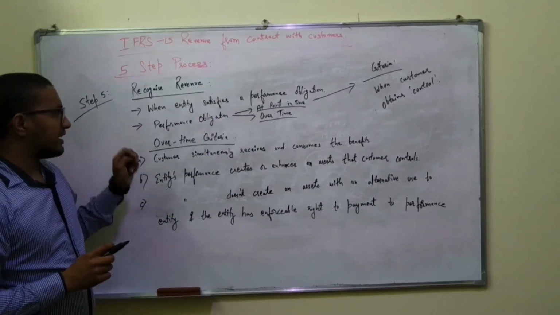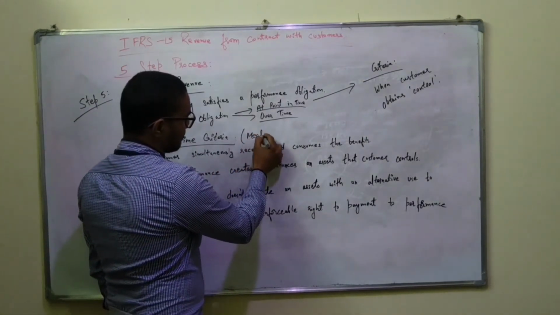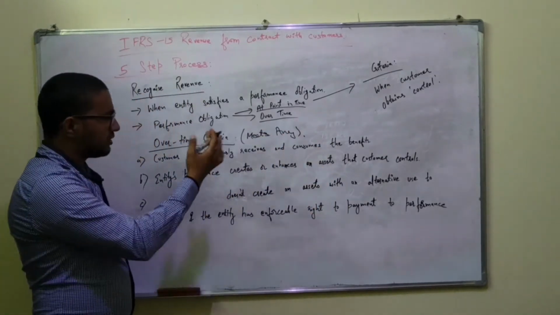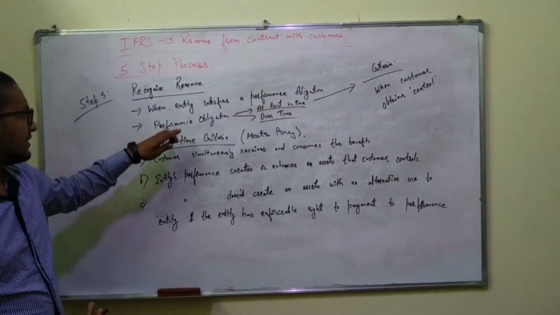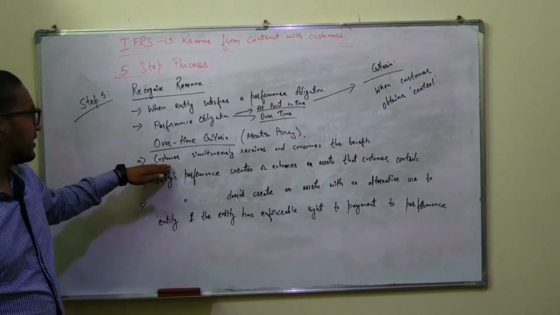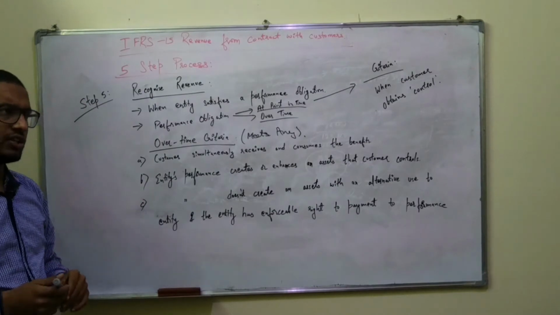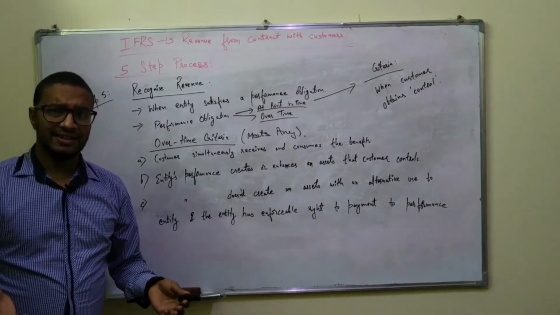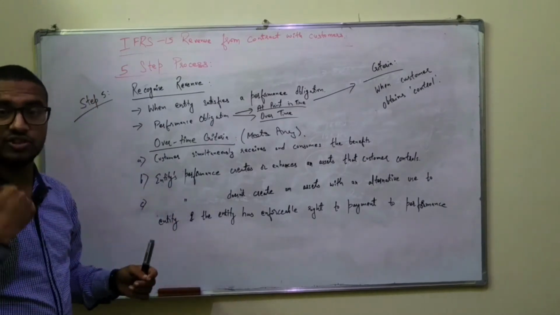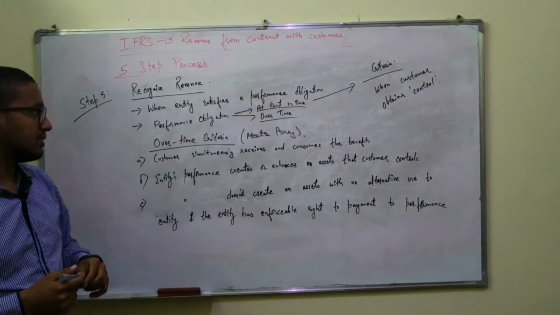And then the over time criteria. If it meets any of these, then it is considered as over time. The first criterion is that the customer simultaneously receives and consumes the benefits. Suppose you are having a haircut, so it is over time, because you receive the service and consume it as well. That's the first example.